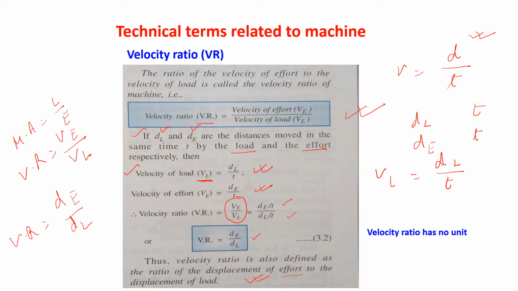Velocity ratio also has no unit because both are displacements.